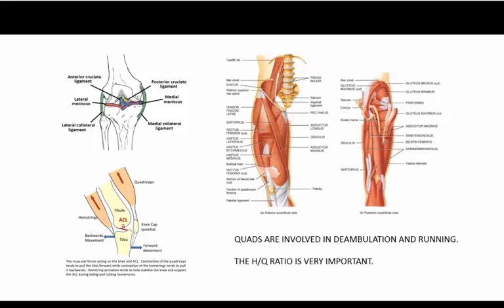The first picture on our left, we can see the inside of the knee joint, where we can recognize the anterior and posterior cruciate ligament, and we can see the meniscus, both the lateral and the medial. And on the side, in green, we can see the 2 collateral ligaments.